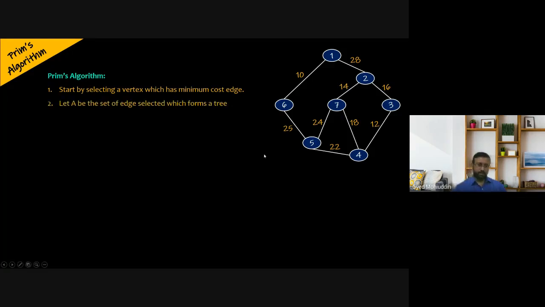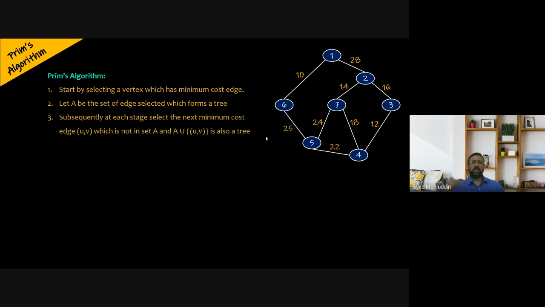Then we maintain a set A, which stores the edges of the graph which form the tree. And at each stage, we select the next minimum cost edge such that the tree which grows is a connected tree.